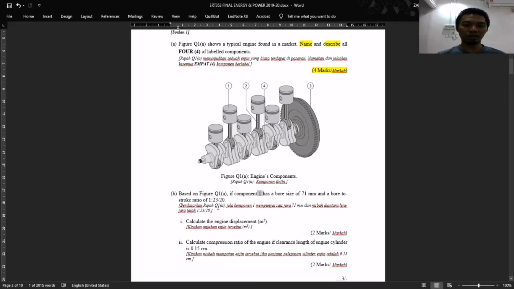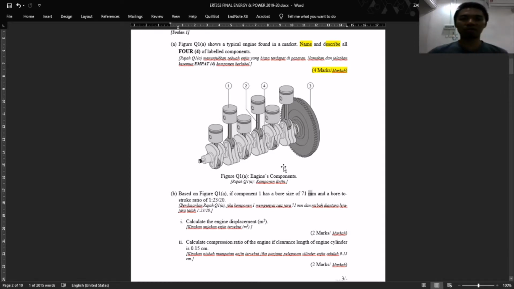The question asks you to calculate the engine displacement in meter cube. And the second question asks you to calculate the compression ratio of the engine if the clearance length of the engine cylinder is 0.15 centimeter. Beware of the unit here, centimeter, and this is millimeter. You have to know exactly what you have to do.